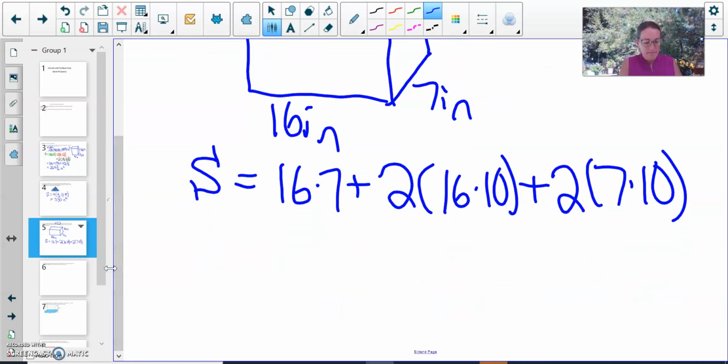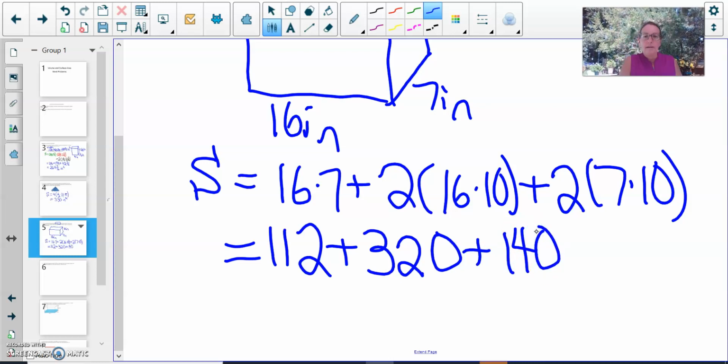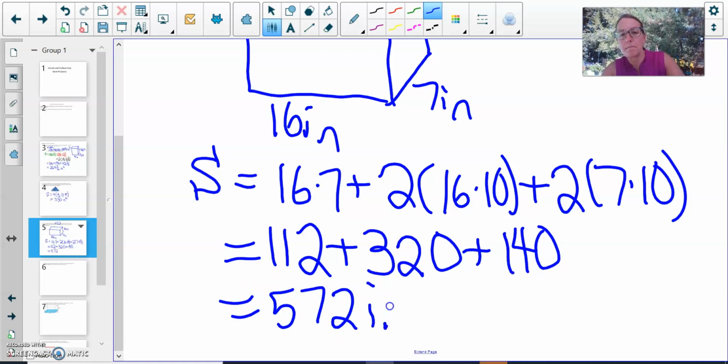Multiplying it out, I get 112, plus 2 by 16 by 10 is 320, plus 2 by 7 by 10 would be 140. Adding those all together, I get 572 inches squared.